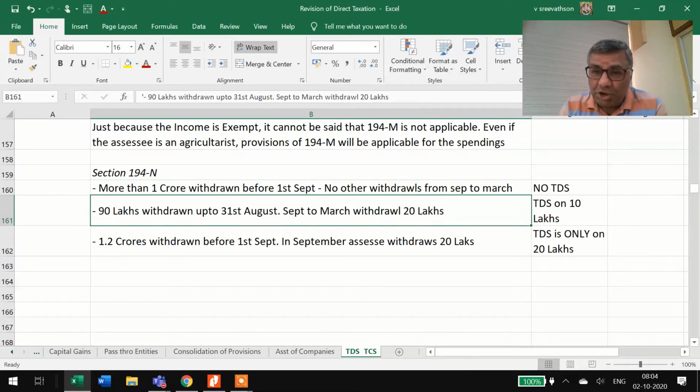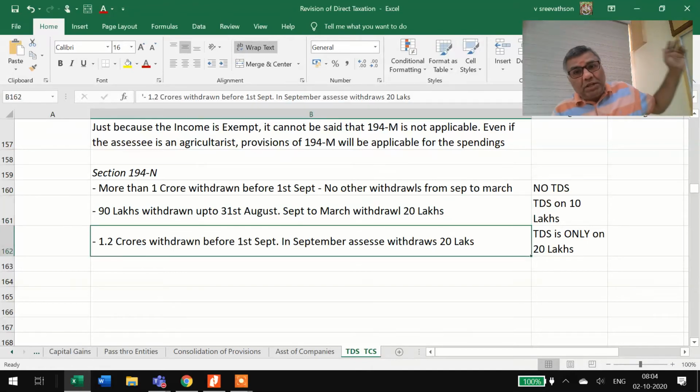If the threshold is exceeding only now, deduct TDS on such excess. If the threshold has already been exceeded, forget what was withdrawn earlier. Only for withdrawals from the amendment date, start deducting tax.